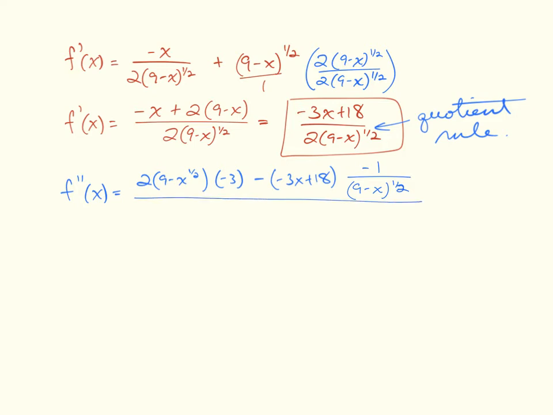And all of that will be divided by the denominator, 2 times the quantity 9 minus x to the 1/2 power squared.